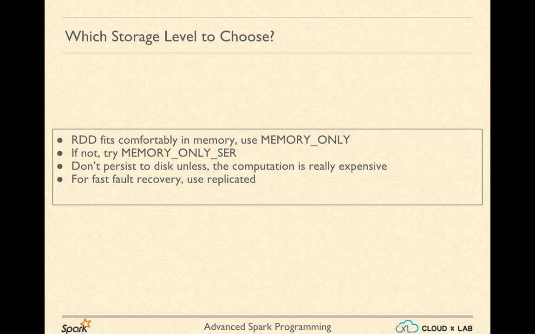Use the replicated storage levels if you want fast fault recovery, for example, if you are using Spark to serve requests from a web application. All the storage levels provide full fault tolerance by recomputing lost data, but the replicated ones let you continue running tasks on RDD without waiting to recompute the lost partition.